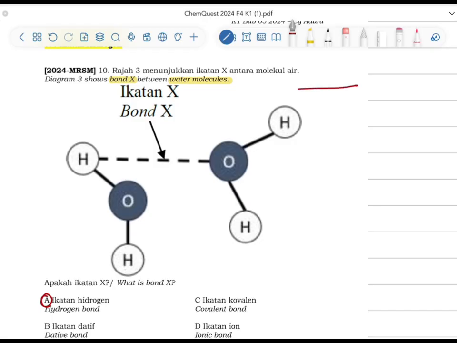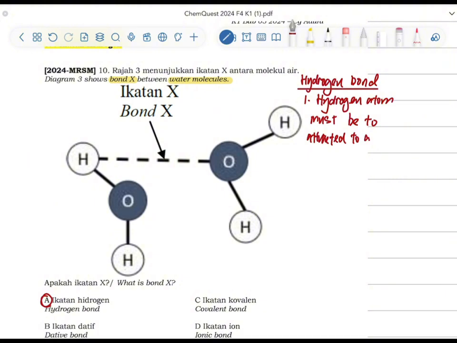So let me show you how the hydrogen bond is formed. It has two criteria. The first criteria is that the hydrogen atom must be attracted to a highly electronegative atom.